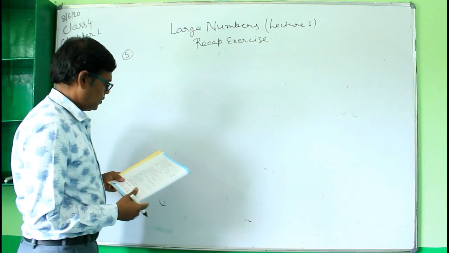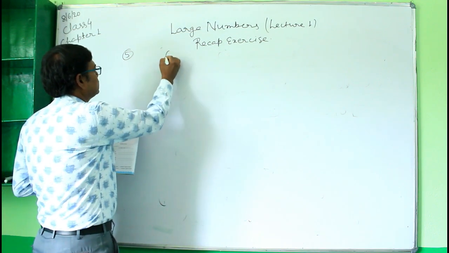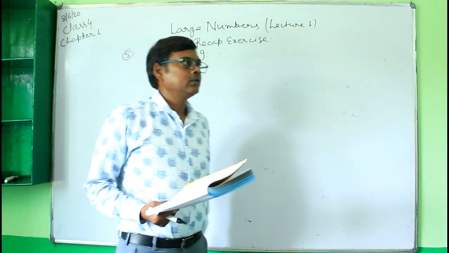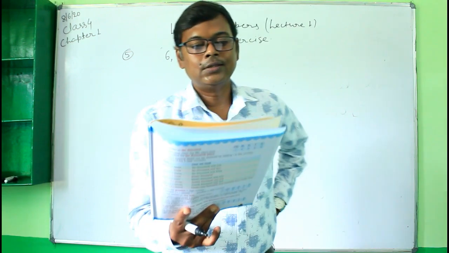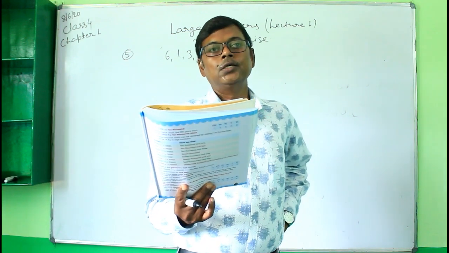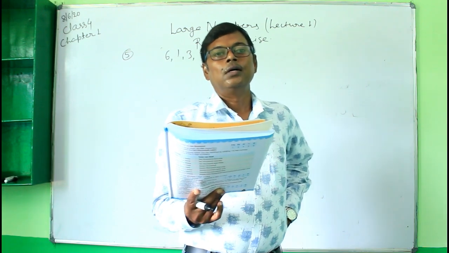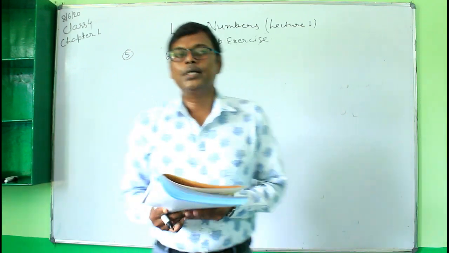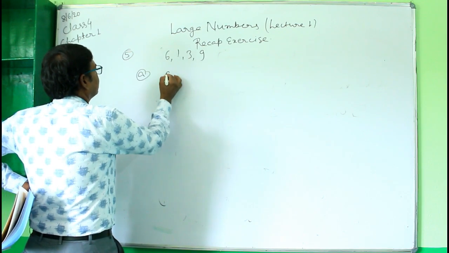You are given these 4 digits, 6, 1, 3 and 9, and from these you have to make the greatest number, and another number, the smallest number. So how will you make the greatest number? Greatest means the greatest number.